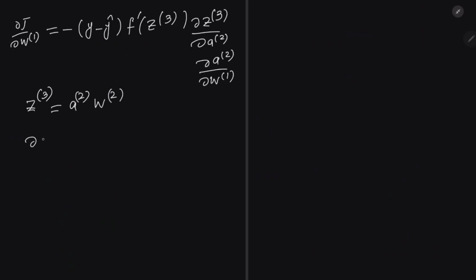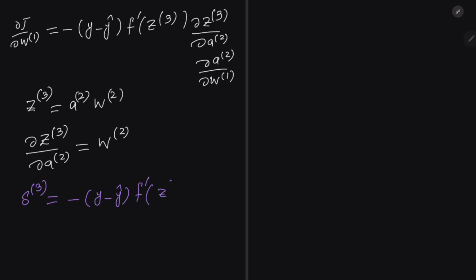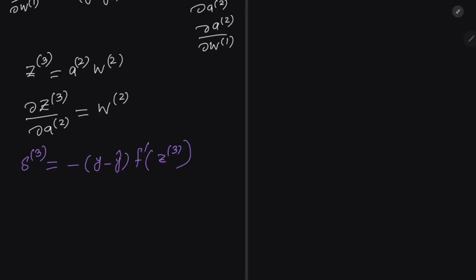So the derivative of z3 with respect to a2 will be equal to W2 transpose. We define again delta 3 will be equal to minus (y minus y hat) f dash z3.